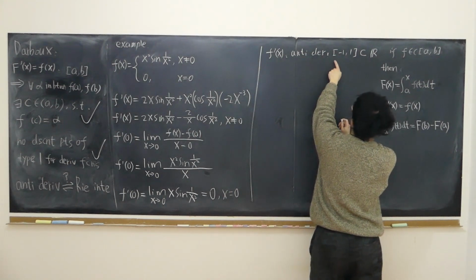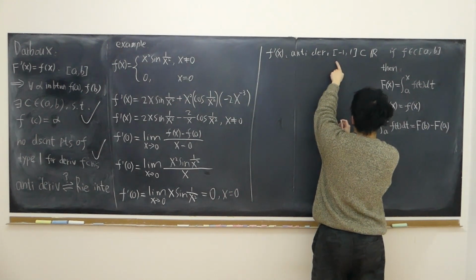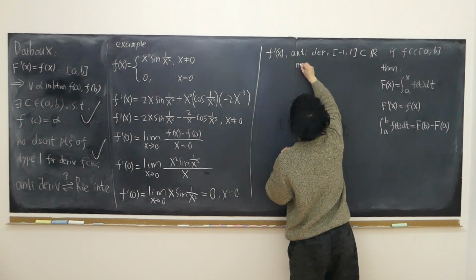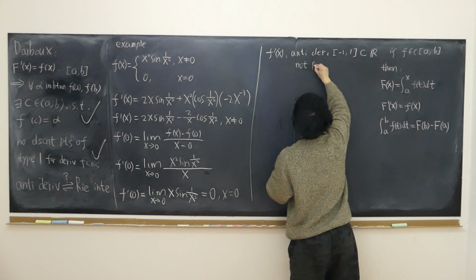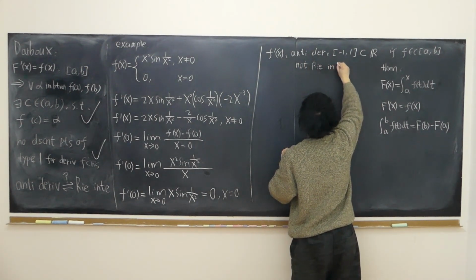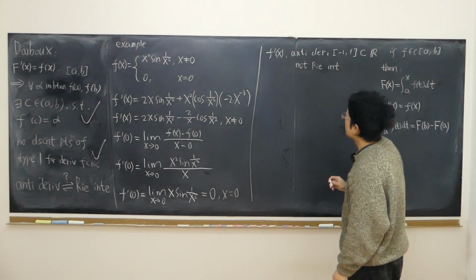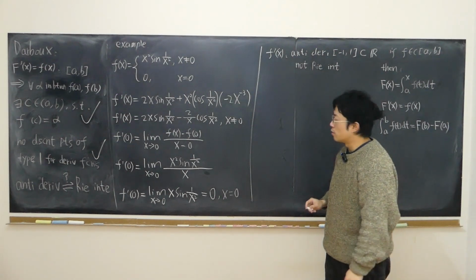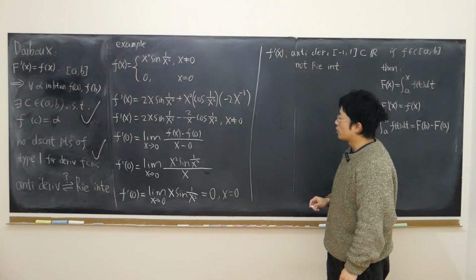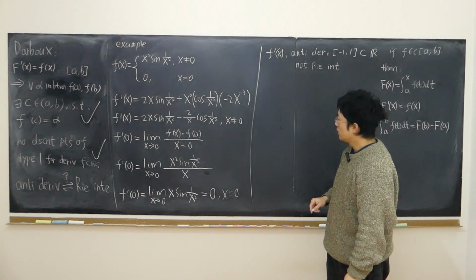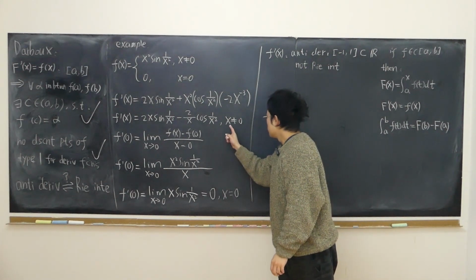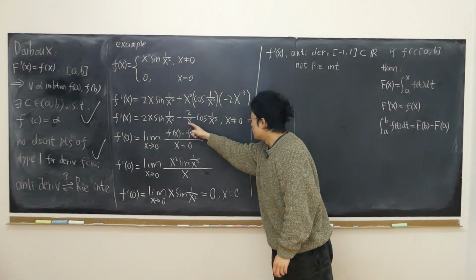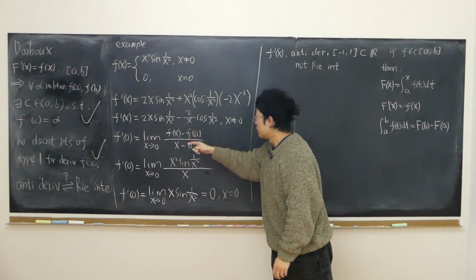Then of course, over this closed interval, is it Riemann integrable? It is not Riemann integrable, simply because the function f dash is unbounded nearby 0. When x approaches 0, 2 over x approaches positive or negative infinity.